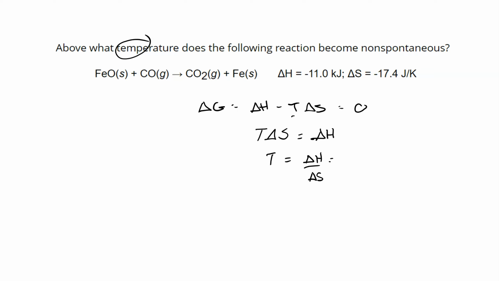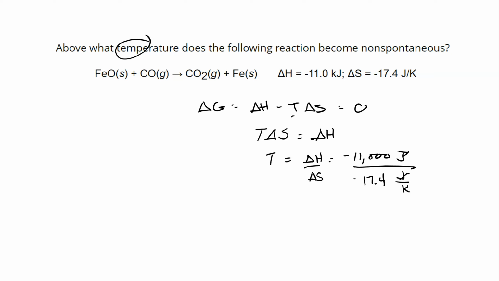So for delta H, we have negative 11.0 kilojoules, but I'm going to put these in joules because I want our terms to cancel. So I'm going to call this 11,000 joules, and delta S is negative 17.4 joules per Kelvin.